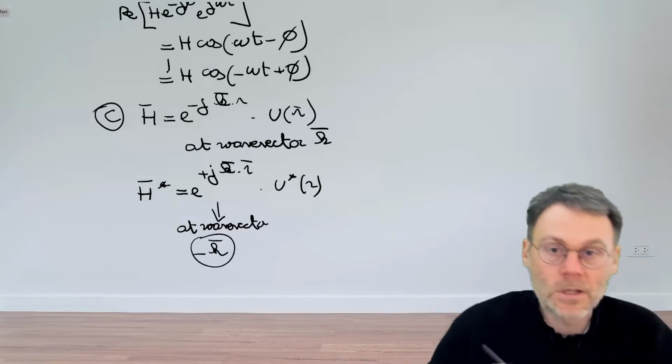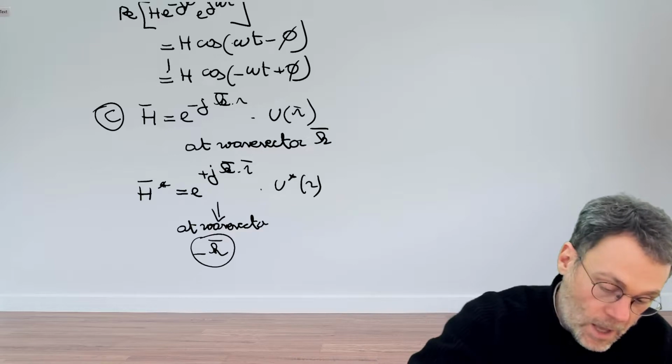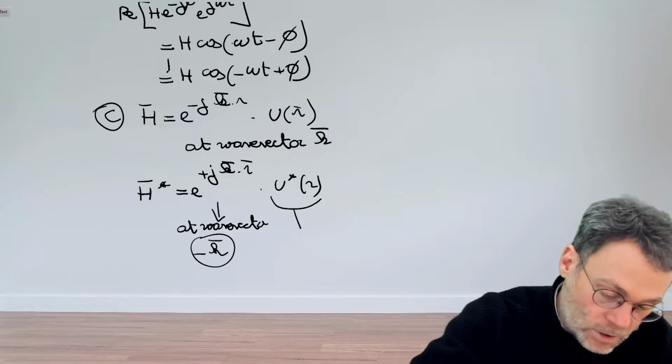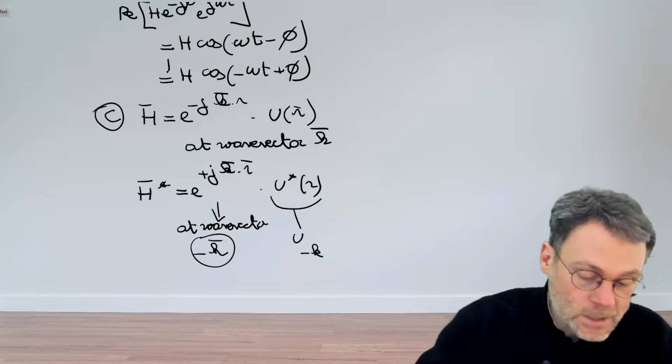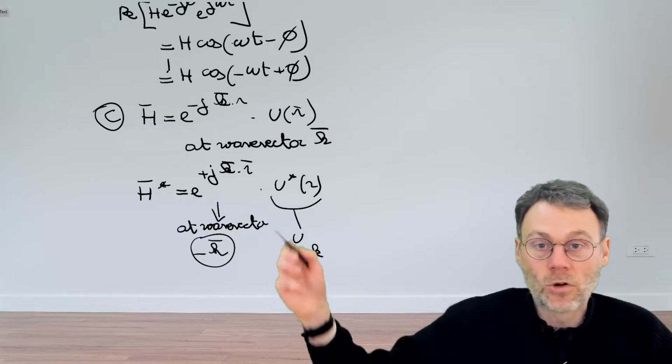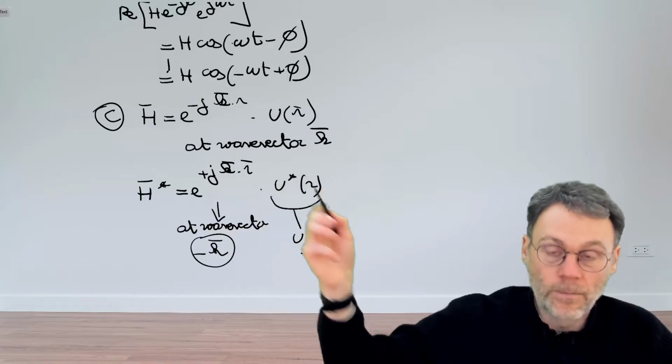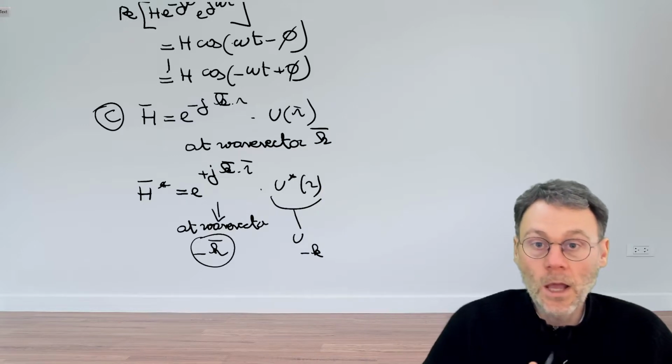And the periodic function related to the wave vector minus k is actually the complex conjugate of the original periodic function. So here we have it.